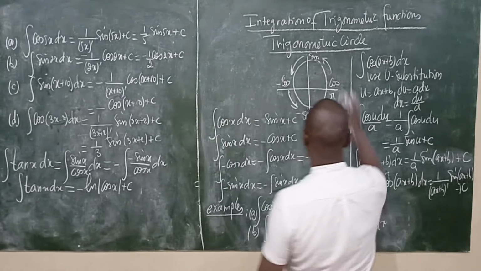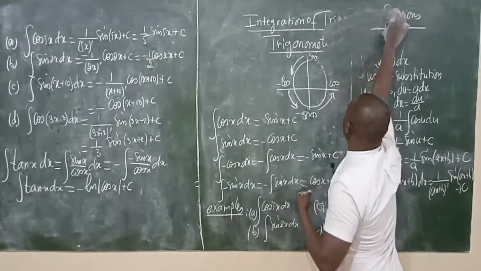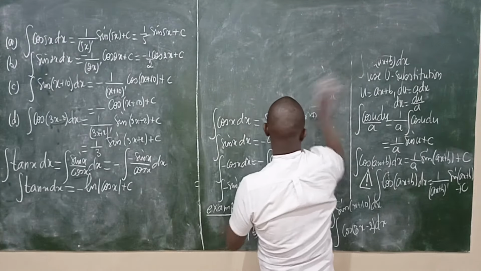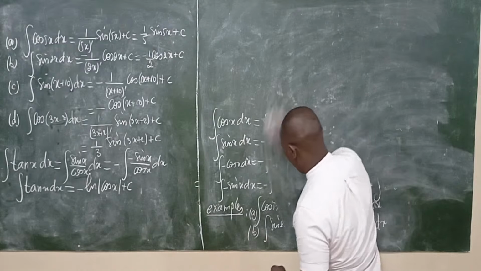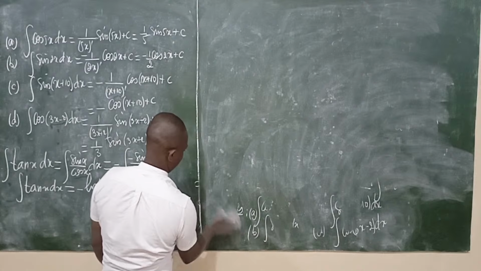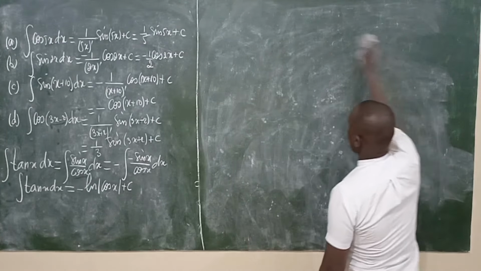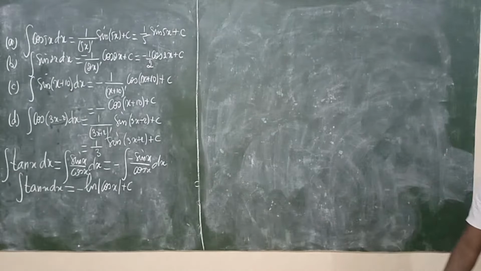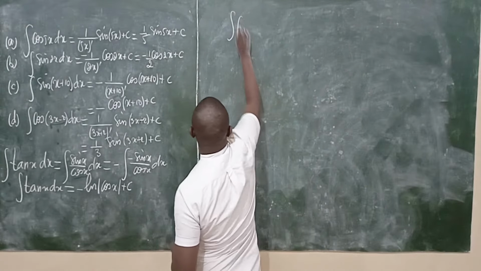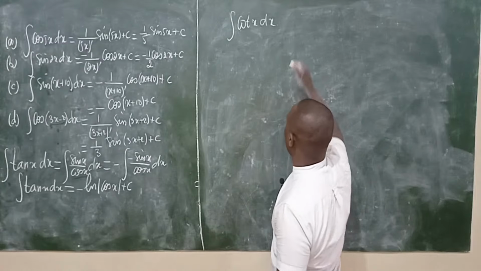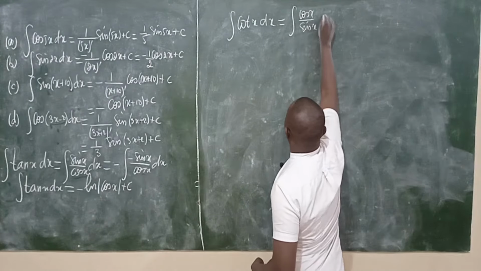What about that of cotangent? Doing the same for cotangent, the integral of cot x dx is equal to the integral of cosine x by sine x dx.